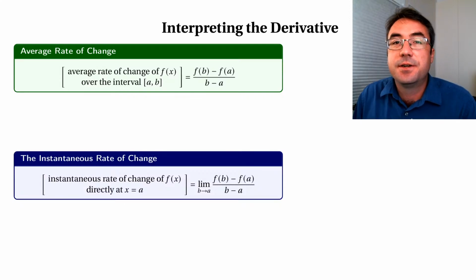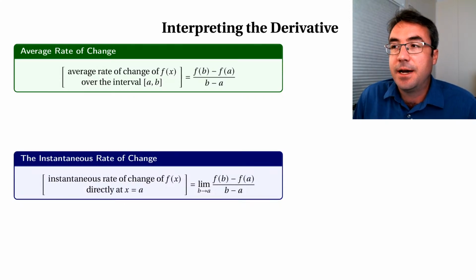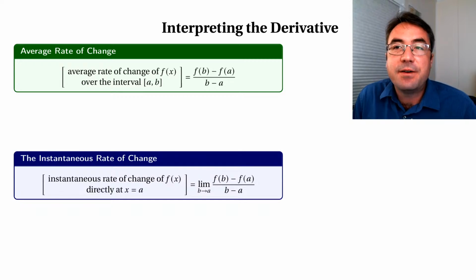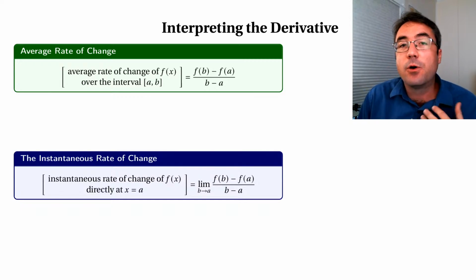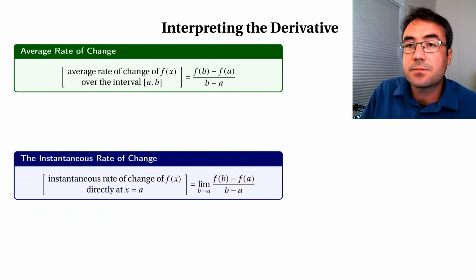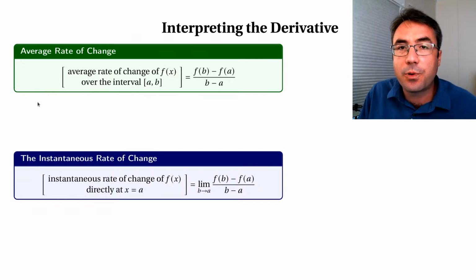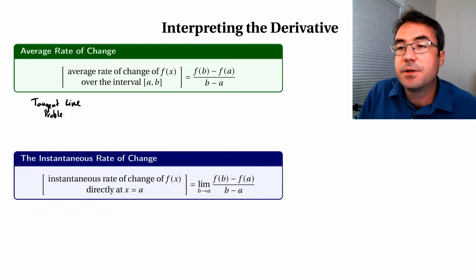All right, so let's first look at some general definitions of gadgets that we've already seen before. So last week we looked at two problems. We looked at our tangent line problem, and then we also looked at our velocity problem.